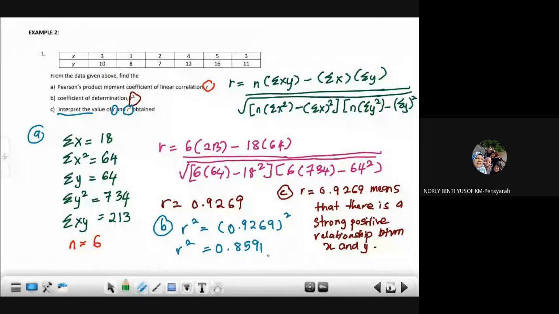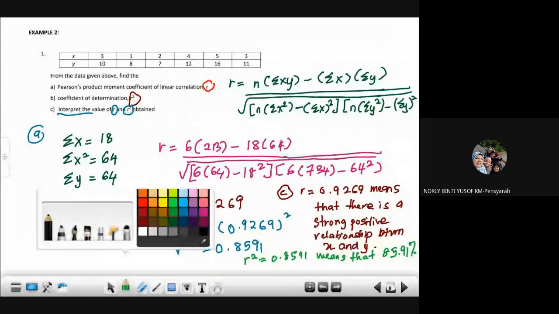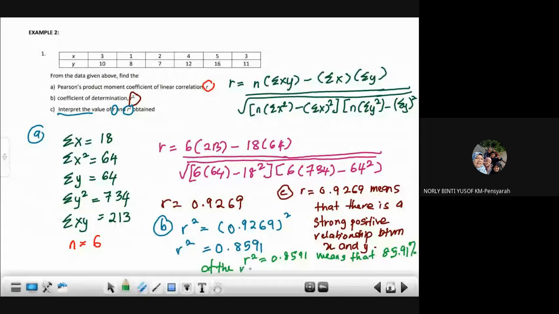R squared equals 0.8591 means that the percentage, 85.9% or 85.91%, of the variation in Y is explained by variation in X. Do like the guideline given here.